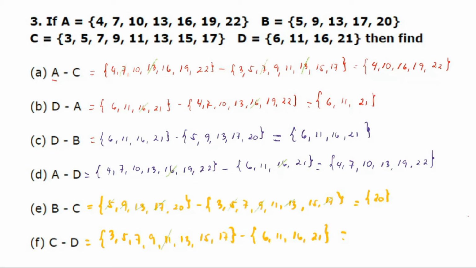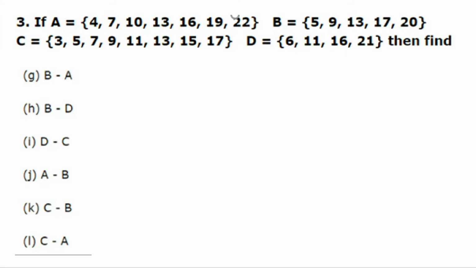We cannot cancel 13. We cannot cancel 15 either, because we cannot find 13 and 15, and 17 is not found on set D either. So therefore, our answer for C difference D are the elements remaining on the set C. We have 3, 5, 7, 13, 15, and 17.